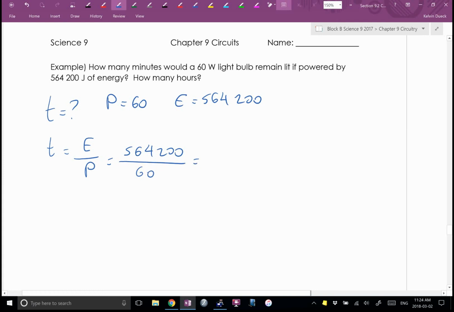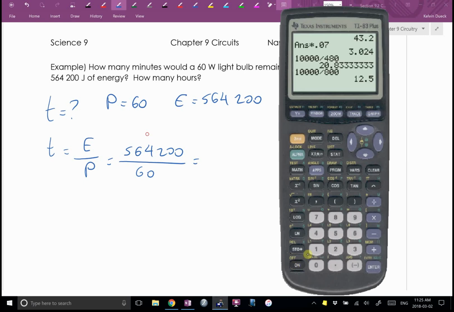Go to your calculators. Practice typing these in. When you get an answer, Halia, let me know what you get. Get that? 9403 repeating.